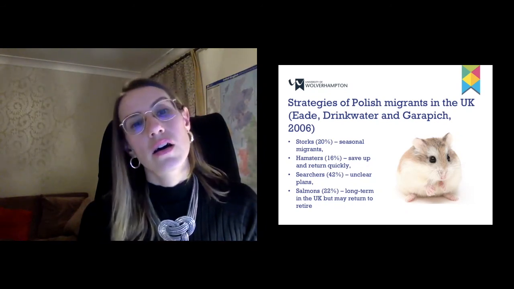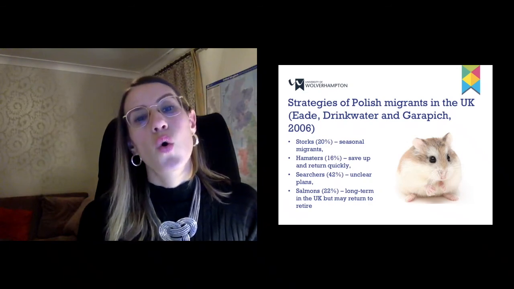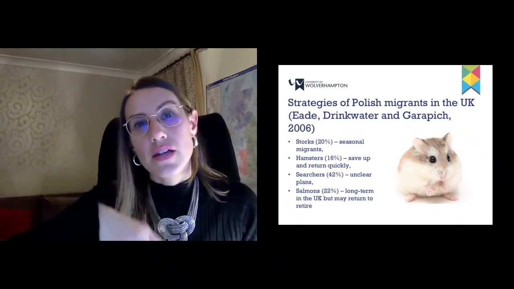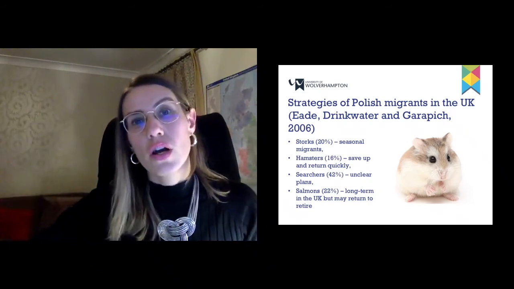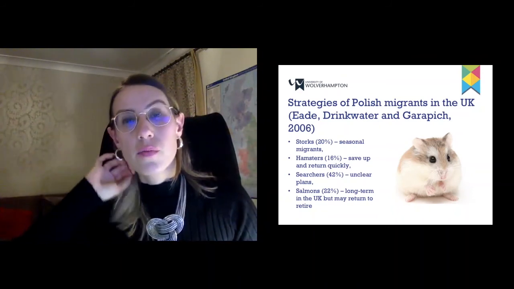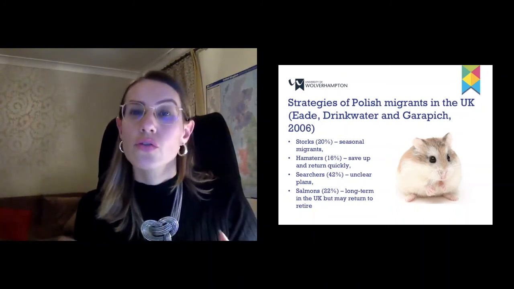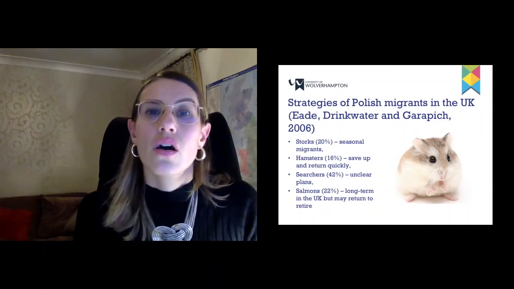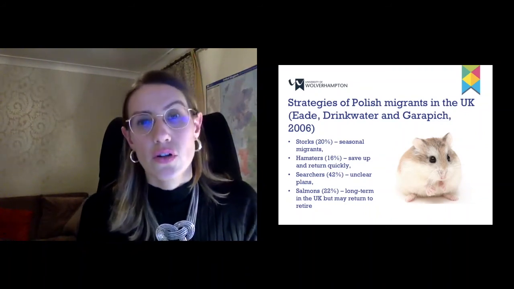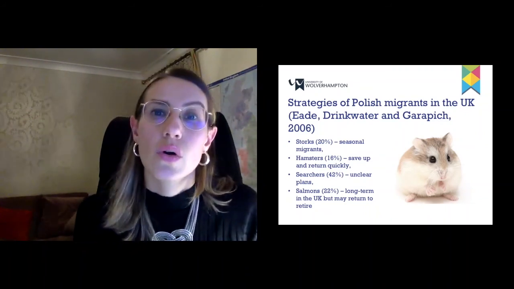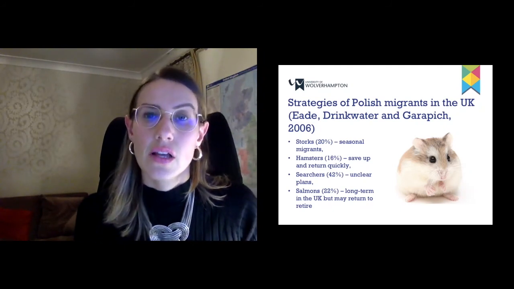Storks are the migrants who, like this bird, the stork, travel back and forth. Those are seasonal migrants who come to Britain in order to work when the season is high.